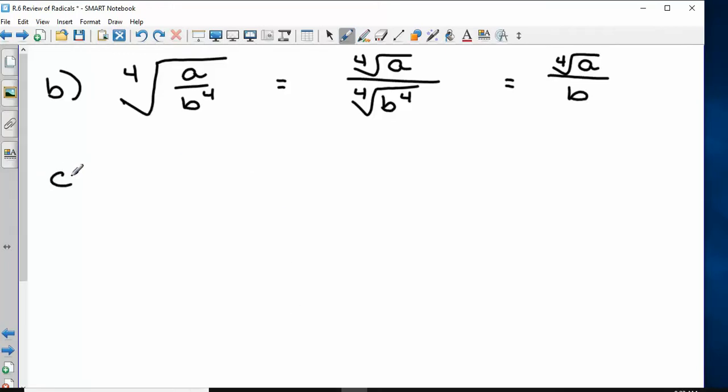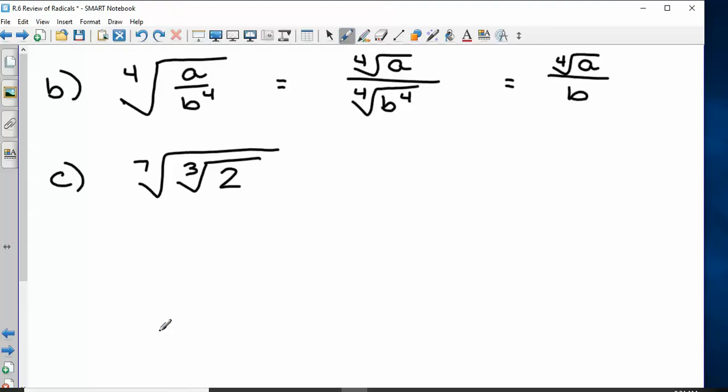Okay, what if I said the 7th root of the cube root of 2? All right, starting on the inside, we want to see if we can simplify this.